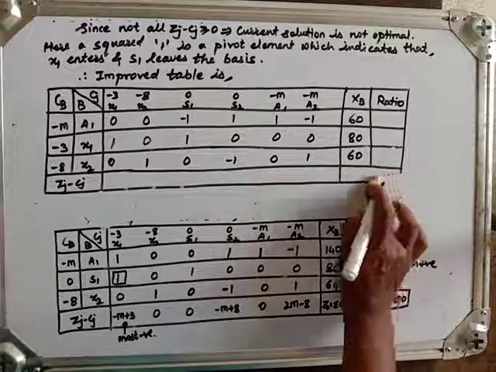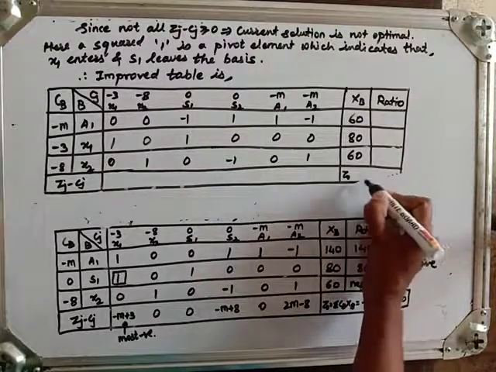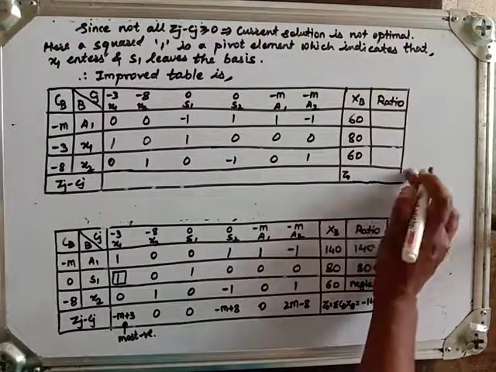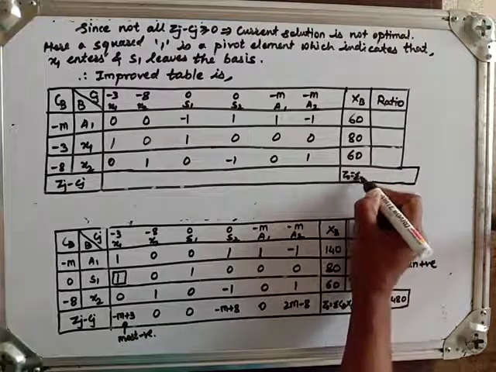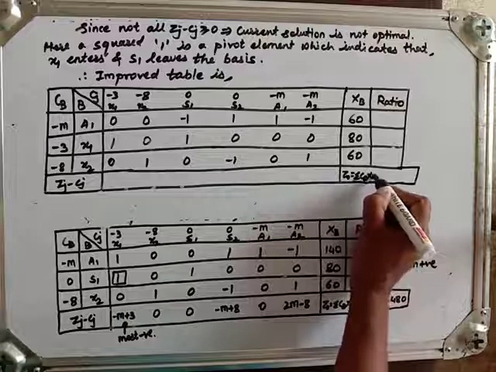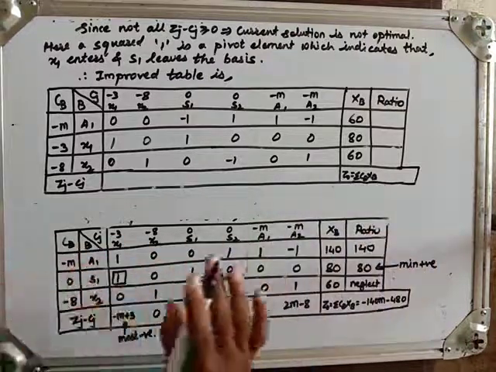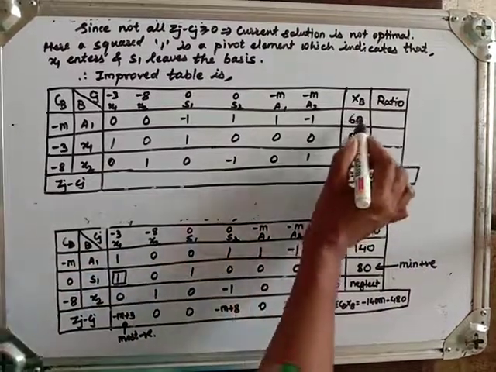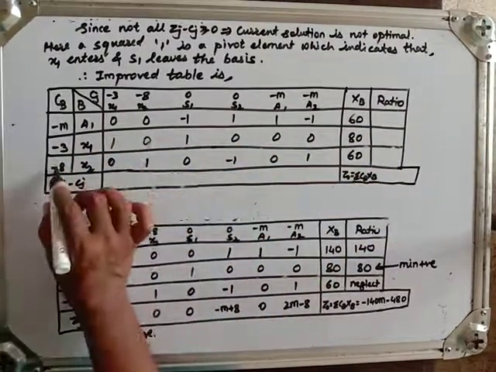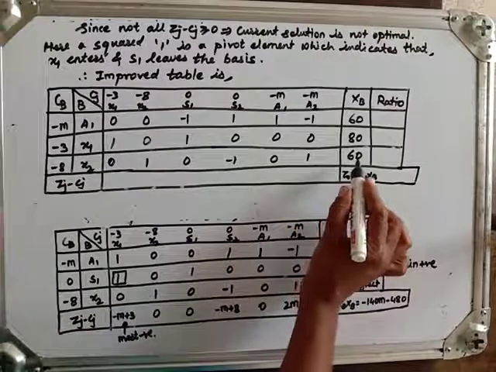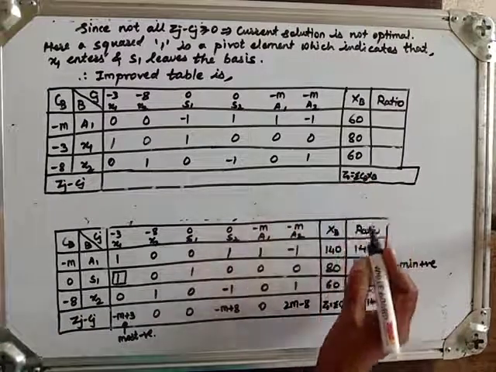What is Z0? Before that let us check what is Z0 here. It is summation CBXB. So that will be minus 60m. This is minus 240. This is minus 480.